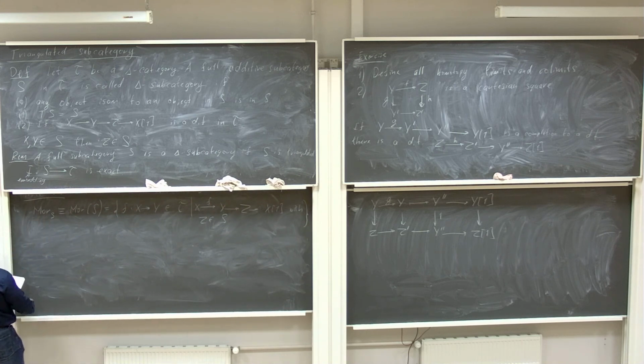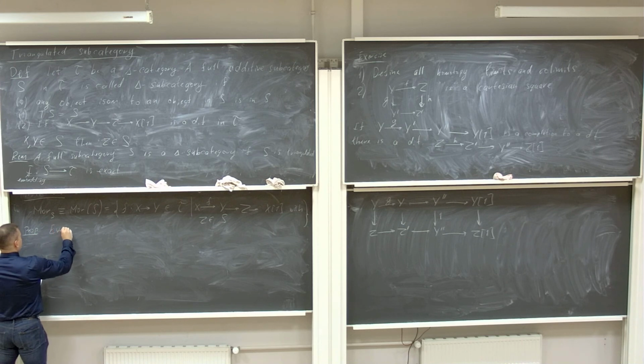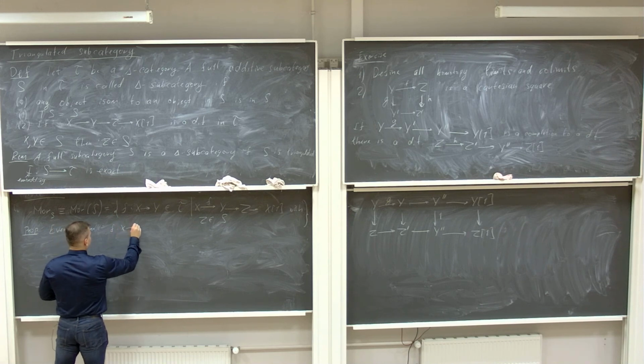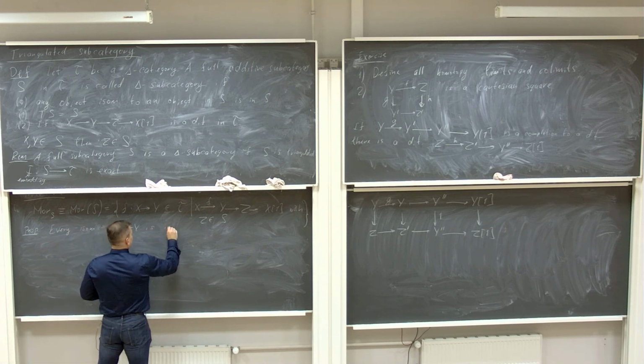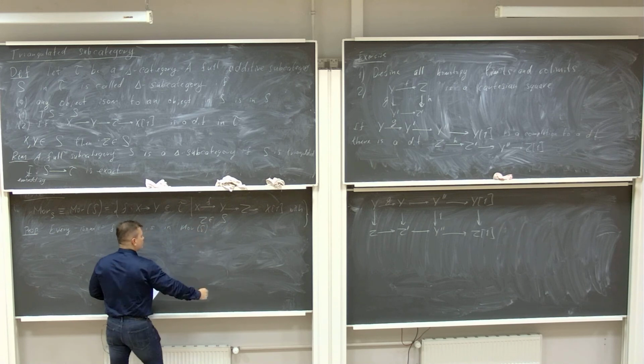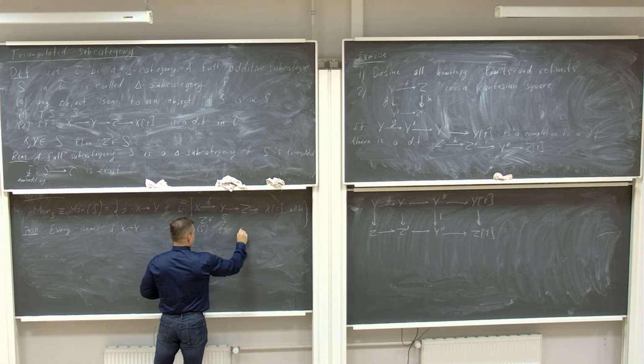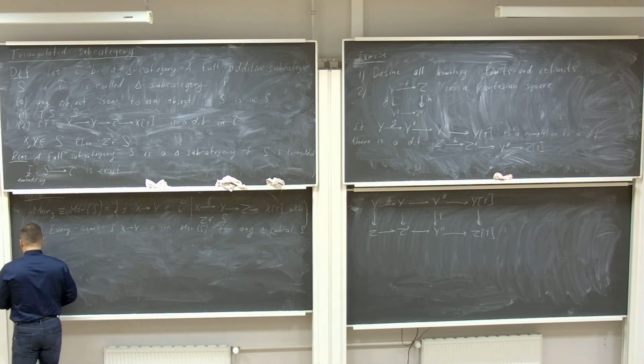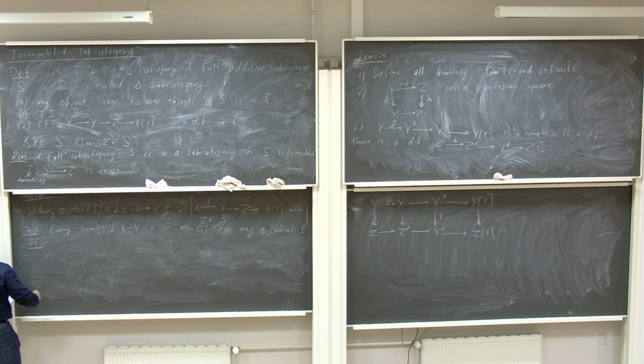Okay, but now I want to show one quite elementary property. So, proposition, but it's really, really simple. Every isomorphism is in the morphisms of S, and this is true for any triangulated subcategory S. The proof immediately follows from the exercise that I formulated today.